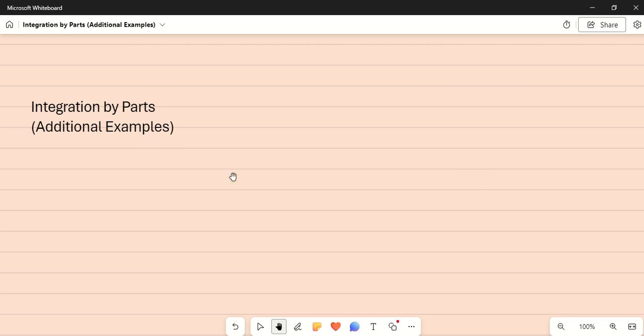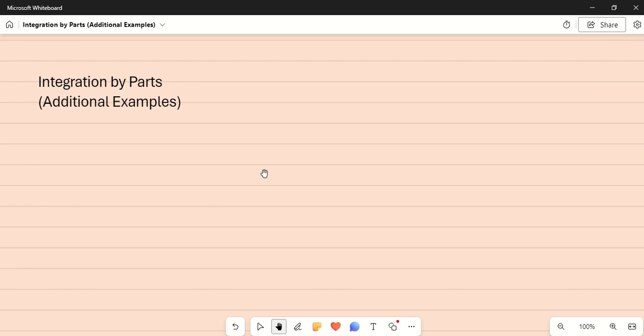Today we're going to look into additional examples in solving the integral of derivatives using integration by parts. In our previous discussion, I mentioned the different steps in solving the integral of derivatives using integration by parts.